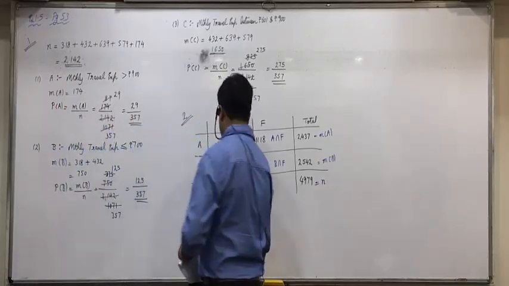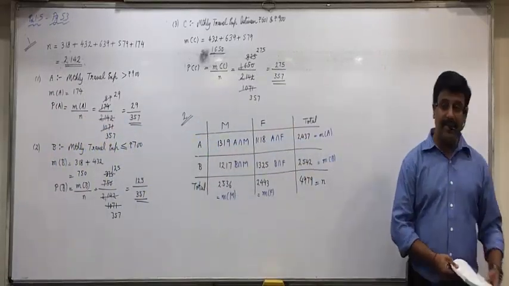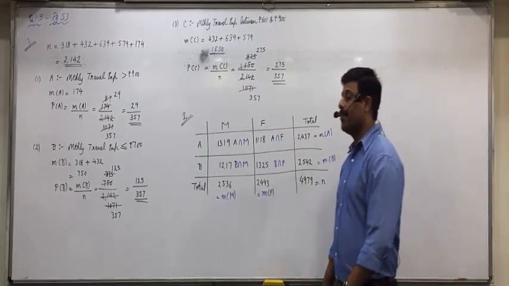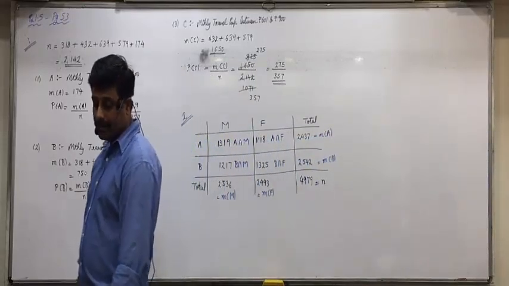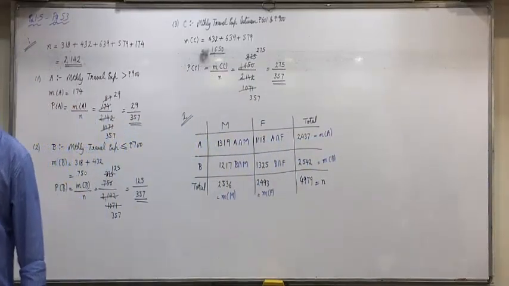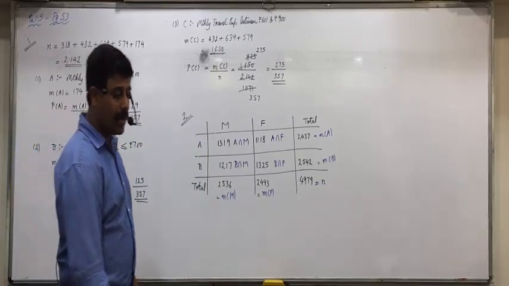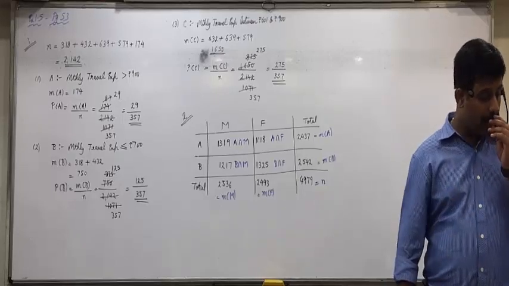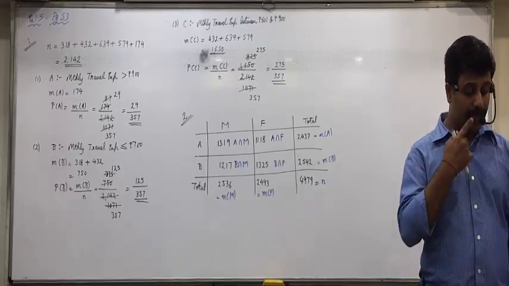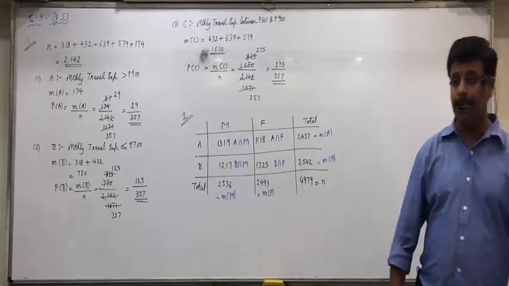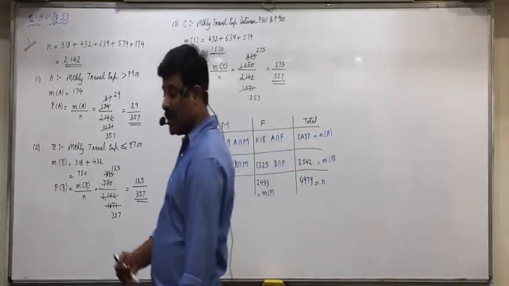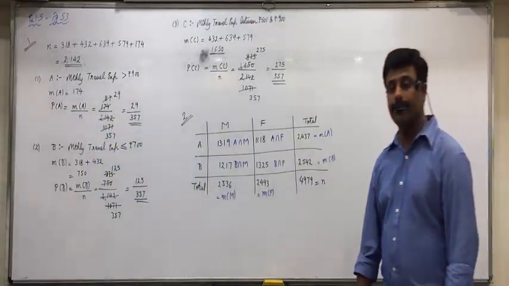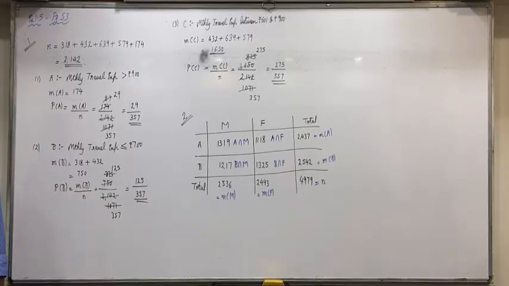First we'll define 4 events, then we'll answer these 2 questions. So let event A be the event that voter is supporter of party A. Let event B be the event that voter is supporter of party B. Let event M be the event that voter is male.